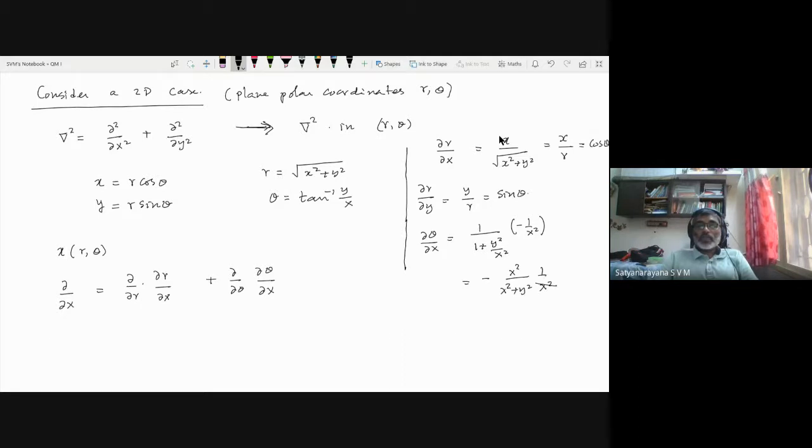Sorry, minus y by x square. So you have this y, so this is equal to minus r sine theta divided by r square, or this is equal to minus sine theta by r.